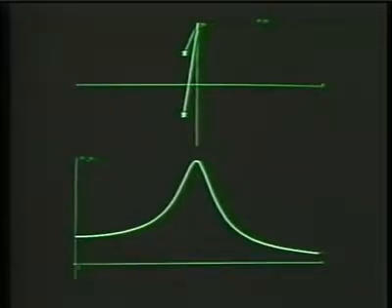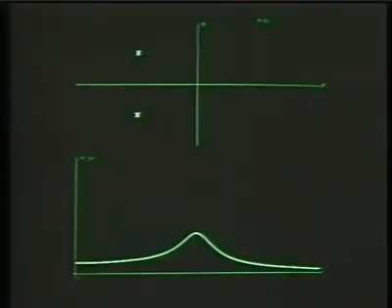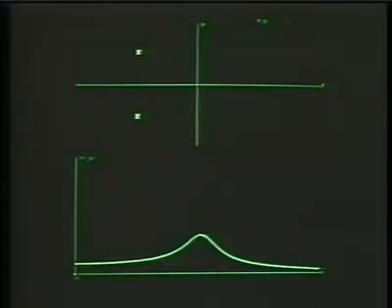And then we'll have the poles move horizontally parallel to the real axis and see how the frequency response changes. To display the behavior of the frequency response as the poles move, we've changed the vertical scale on the frequency response somewhat. And now what we want to do is move the poles first parallel to the j omega axis and then parallel to the real axis.